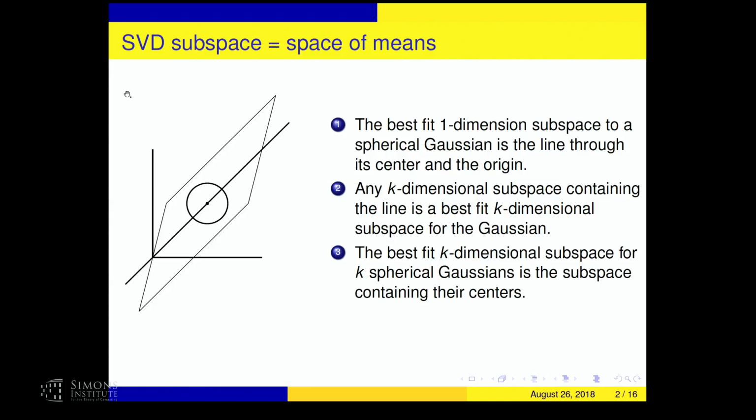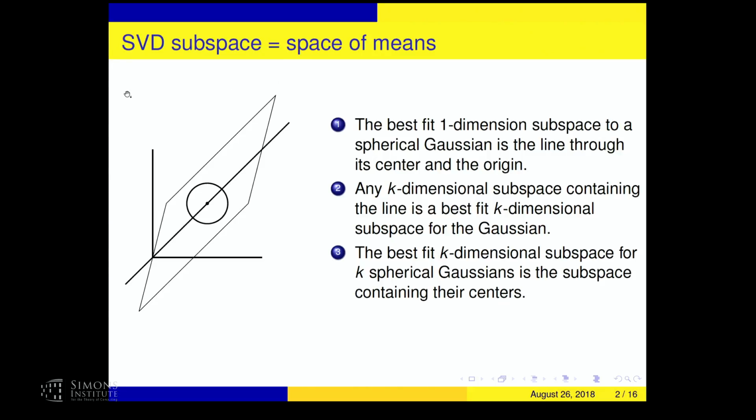So I want to say now the best fit k-dimensional subspace for data drawn from k Gaussians is the subspace containing the centers. Well, this k-dimensional subspace containing the centers is individually the best fit for each Gaussian, so of course it must be the best fit for the whole, right? It's a stronger condition than being the best fit for the mixture. It's individually a best fit for each one.